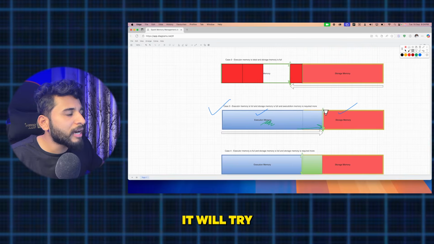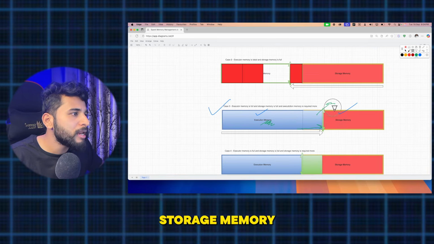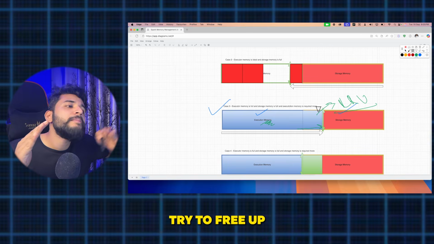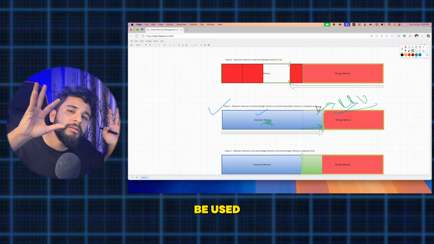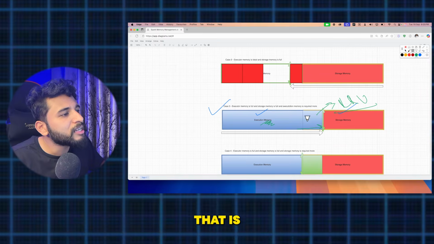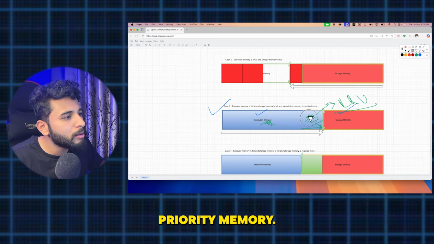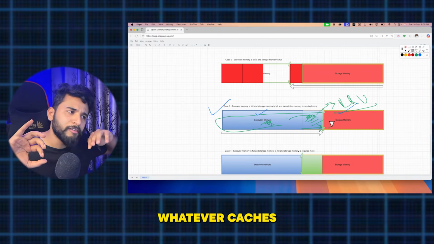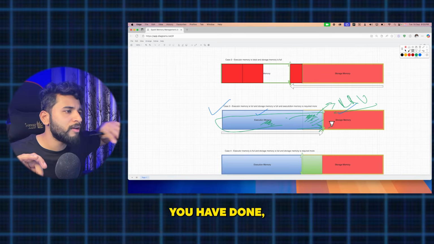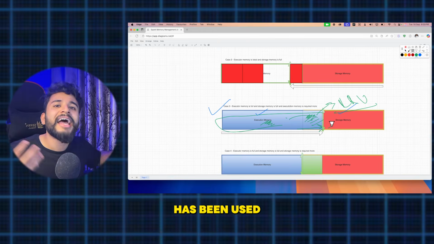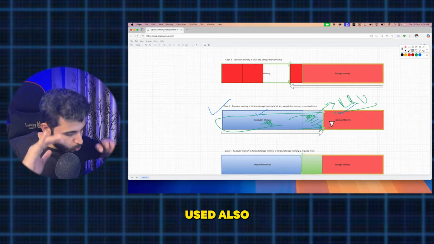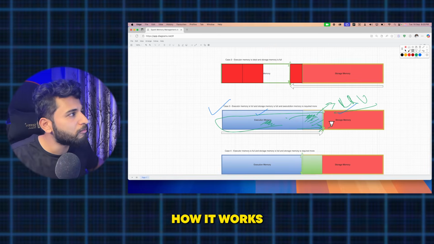It will free up the storage memory by using the LRU algorithm, least recently used. It has to free up the memory, only then can it be used by the execution memory. That is the main use case. Because it is a priority memory, it will utilize the storage memory and free up whatever caches, broadcast joins, or broadcast variables you have used, the least recently used ones. That is how it works.